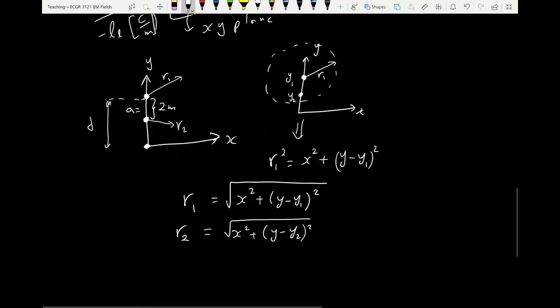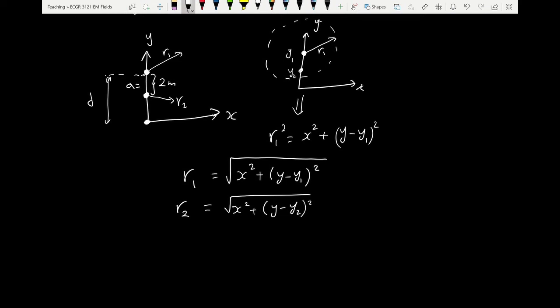This allows me to write the field at any point in space. At any point in space, there are two components to the field. There is the field coming from the positive transmission line, the one with the density of rho L, and I sum it with the field coming from the negative transmission line, the one with the charge density minus rho L. Let's call this E minus.